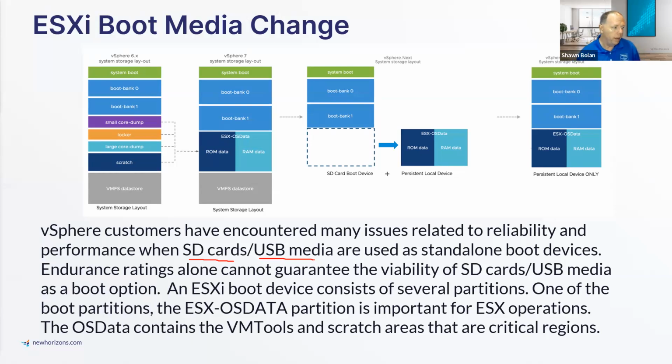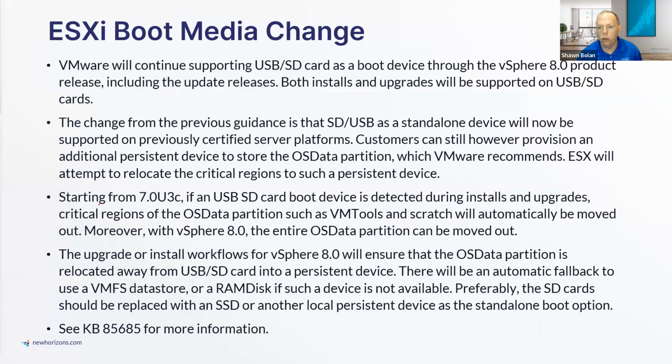VMware has made a pretty radical change with that, insofar as VMware's experience, again, talking with customers like you, is that the long-term reliability of those SD cards and USB devices as installation media is a little bit questionable, a little bit suspect.